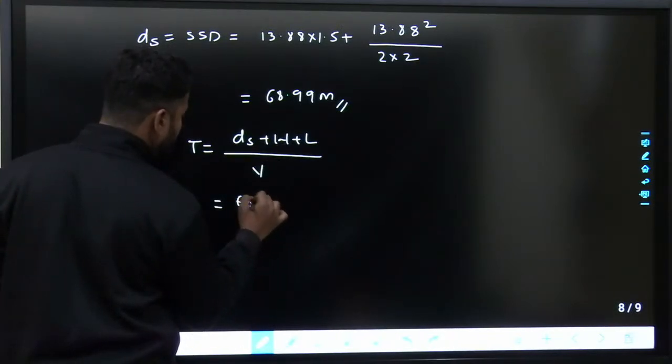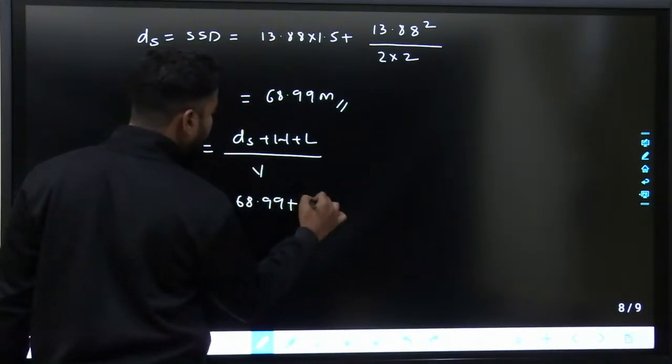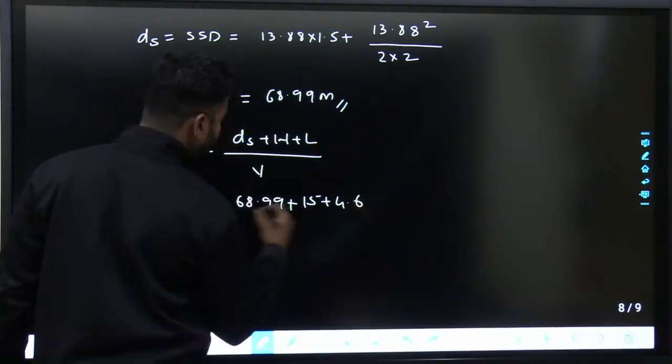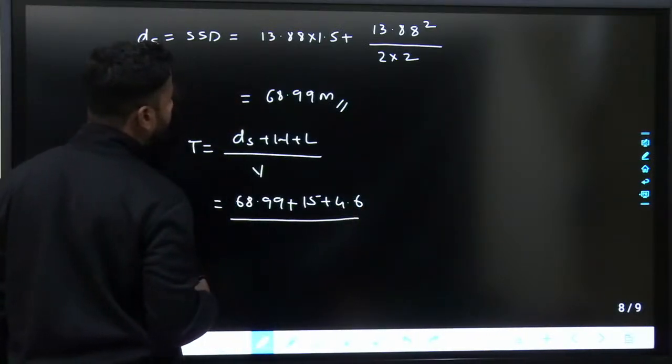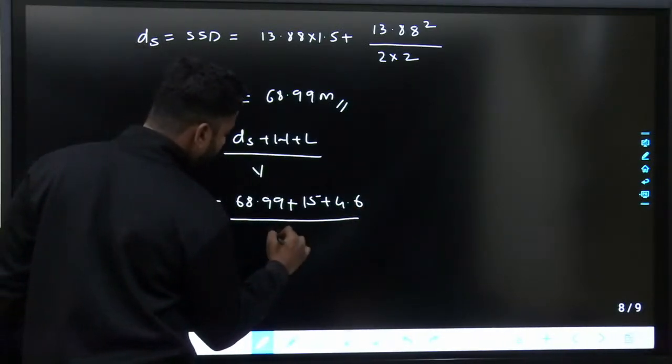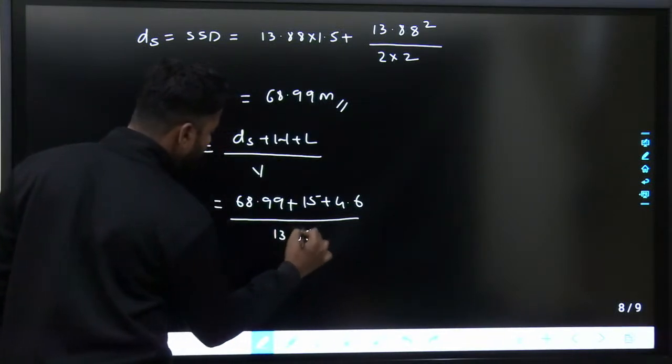Amber time T would be equal to ds plus w plus L upon v. So 68.99 plus w is 15, L is 4.6, upon v. V is 50 kilometers per hour, that is 13.88.